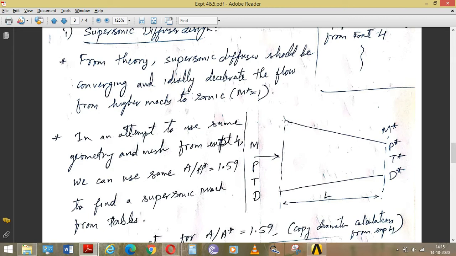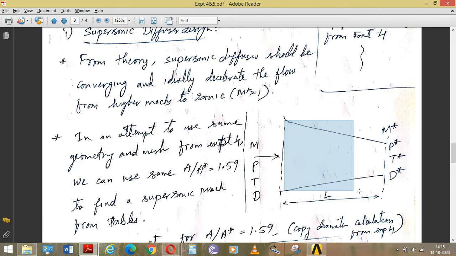You can design a diffuser of a shorter length where the exit Mach number may not be equal to the throat Mach number of 1. That is also right, but the exit Mach number will still be greater than 1.